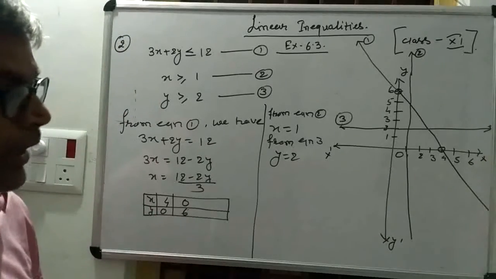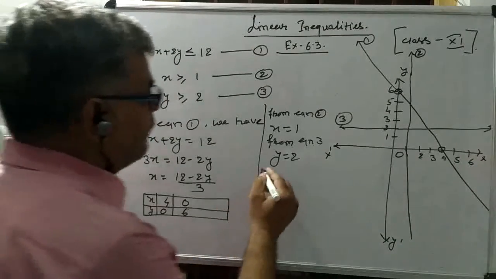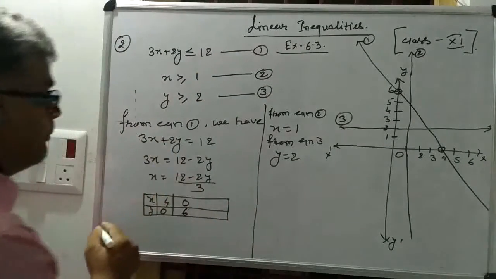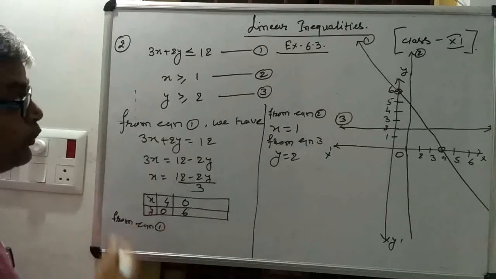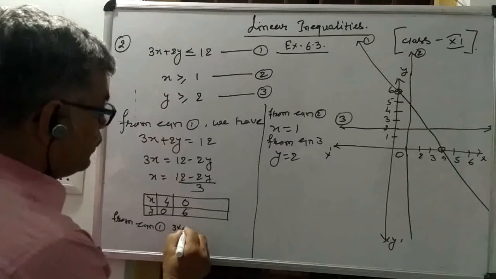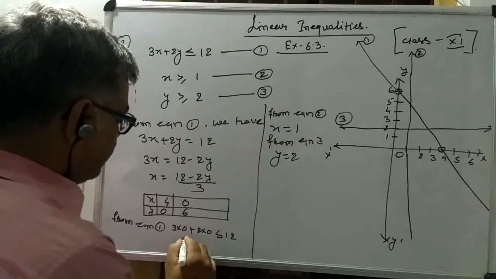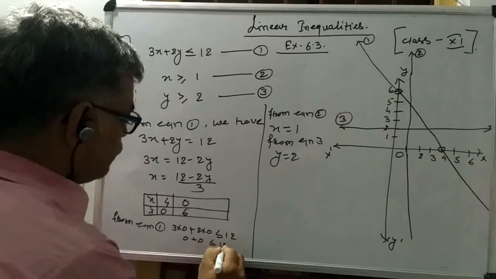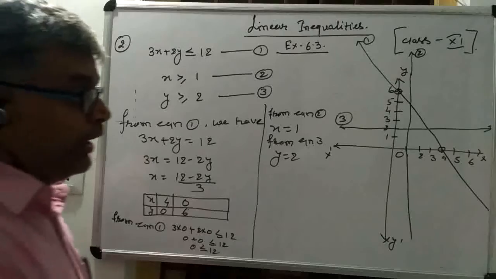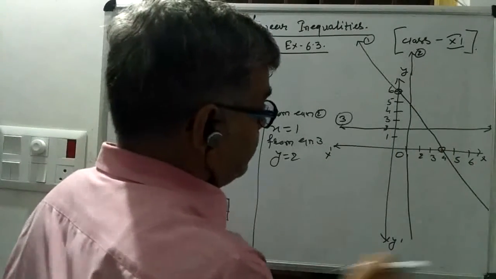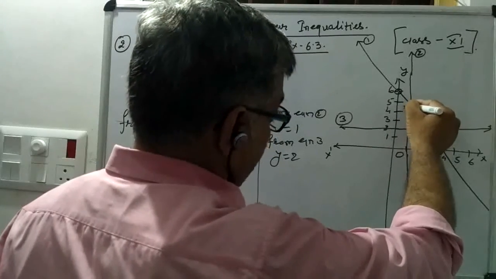Now we have to find their solution region. For the solution region, see how we can find it from equation 1. When you take x and y equal to 0, it becomes 3 into 0 plus 2 into 0 is less than or equal to 12, which is 0 plus 0 is less than or equal to 12, that is 0 is less than or equal to 12. It means the first line represents the lower half, because it is true.